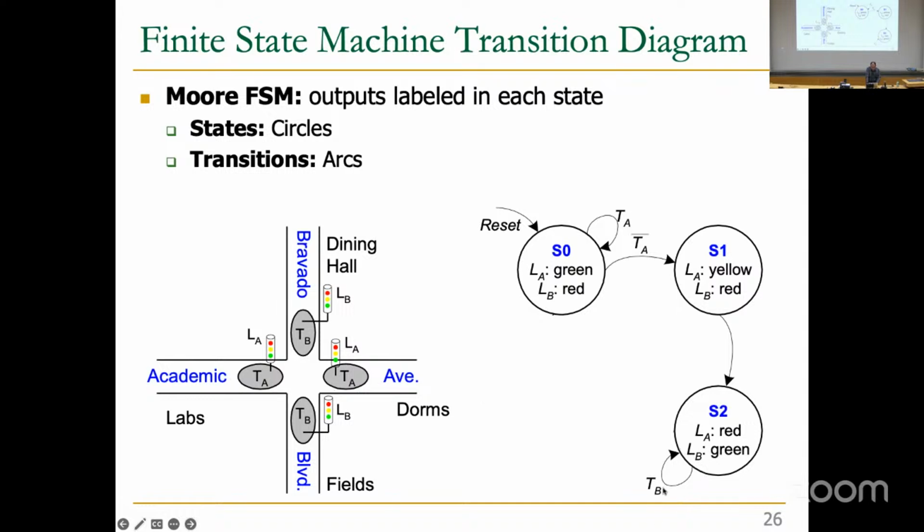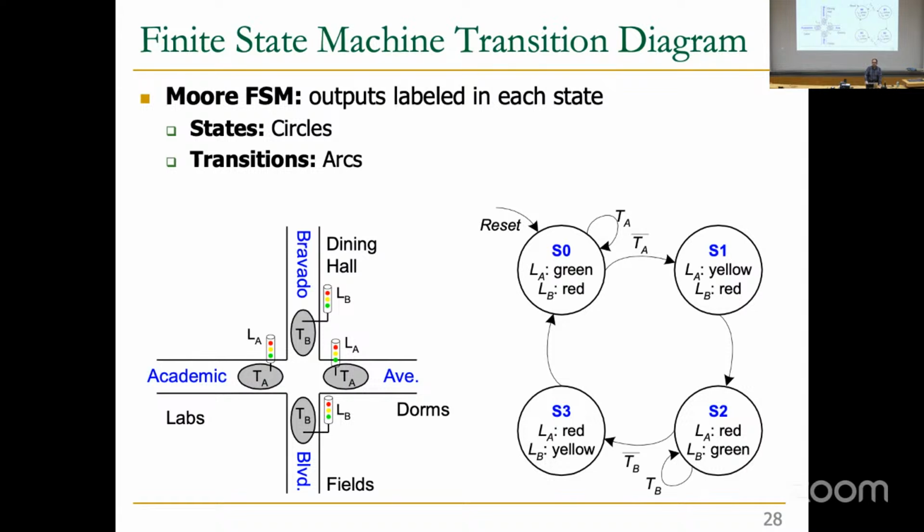We stay in this state as long as we have traffic in avenue B. When there is no traffic, we move to state S3, again an intermediate state where we make the light for avenue B yellow. The other one is still red. Unconditionally, after some time, we move to S0. This is so easy, right?